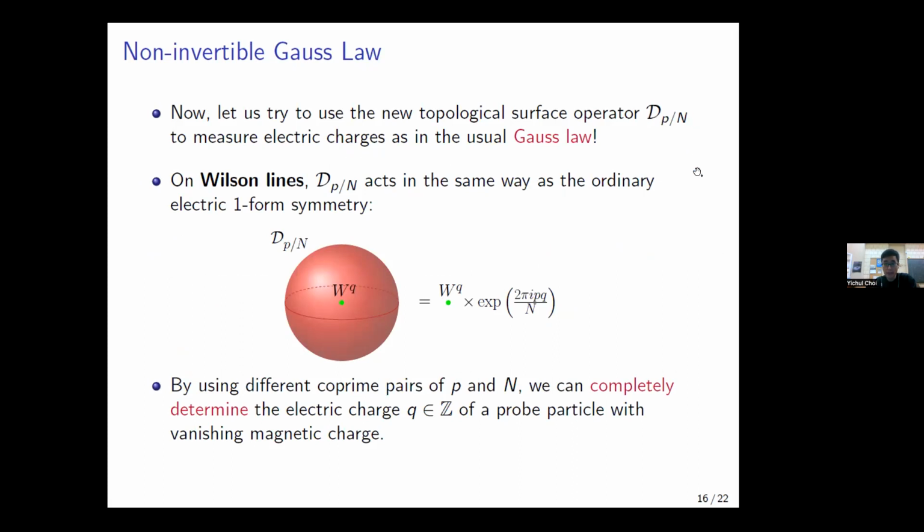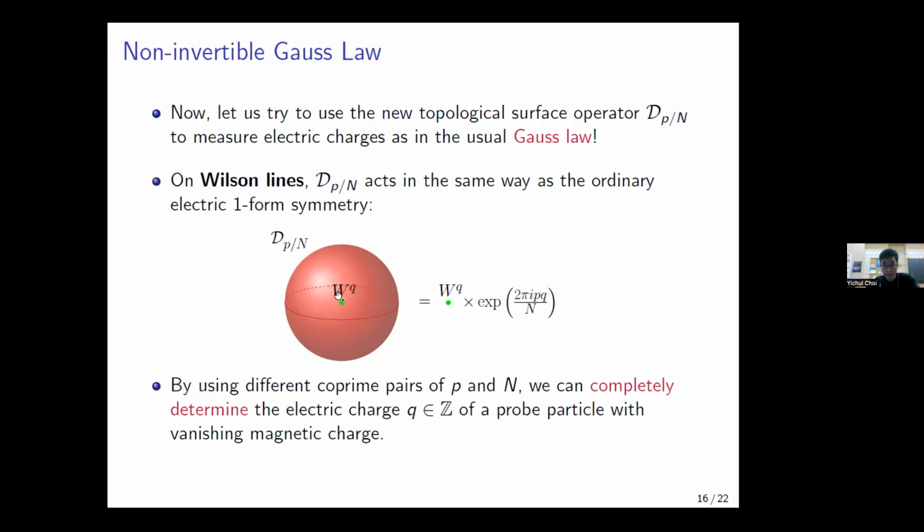And now let's try to use this new topological surface to measure electric charges of particles, just like the ordinary Gauss law. Let's begin from the simplest case, where the particle does not carry any magnetic charge and only carries some electric charge. So we'll have a Wilson line extending in the time direction.